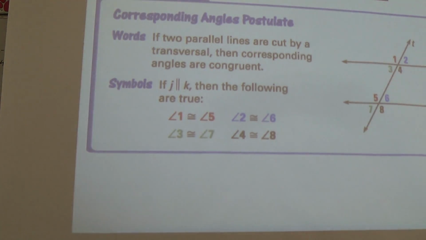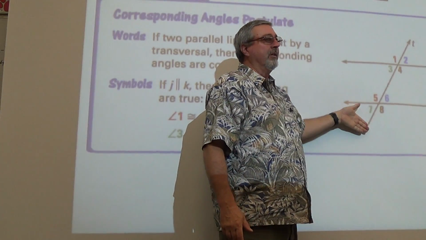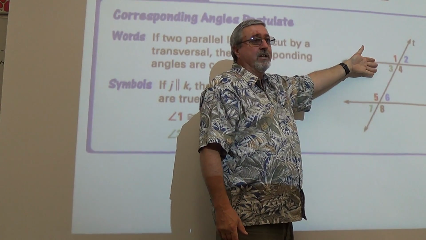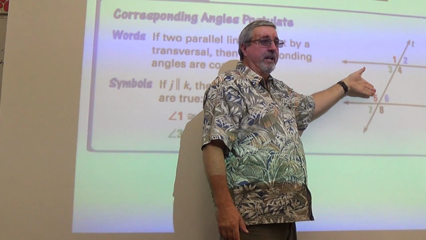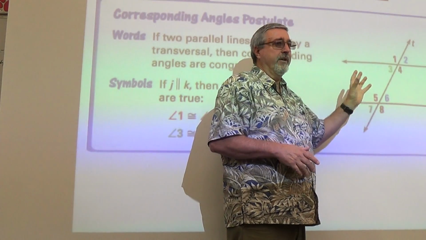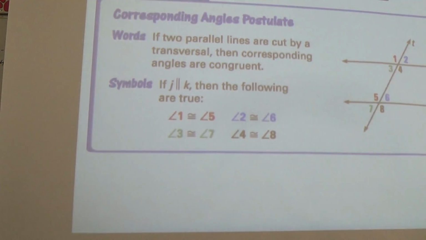A transversal is this line right here that's intersecting both those parallel lines. You can actually have a transversal intersecting more than one set of parallel lines. It could intersect 4 different parallel lines, and you have to be able to interpret that drawing based on the information provided. But we're going to be talking about corresponding angles first.